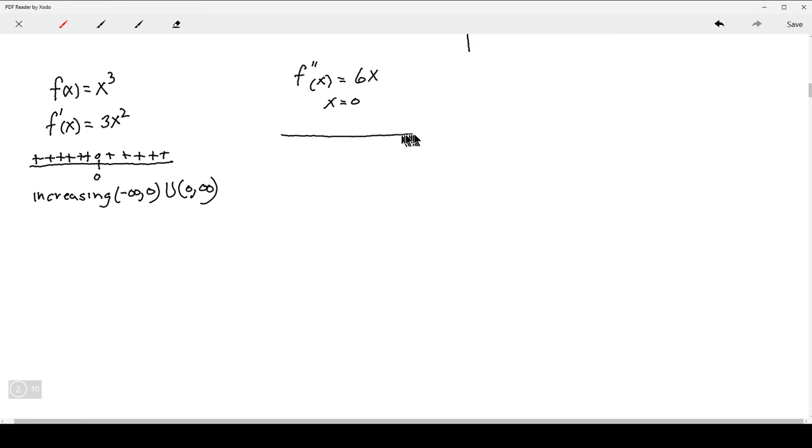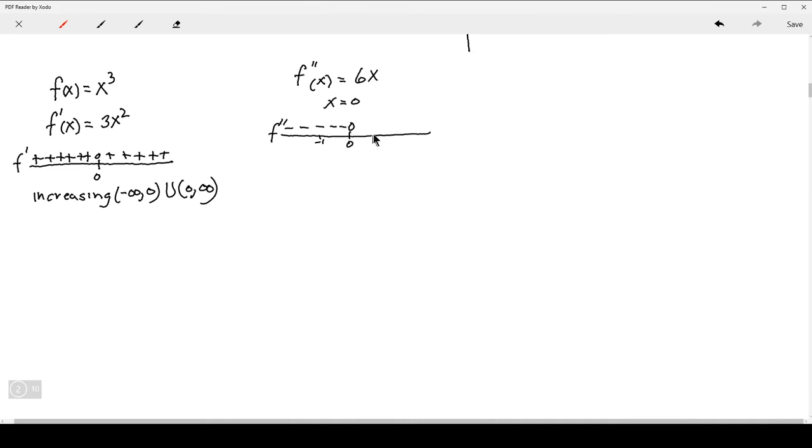Come over here, put 0 on my f double prime line. This was my f prime line. I put this on my f double prime line, and I test some values. If I pick a value on this side, say -1, and I plug it into the second derivative, 6 times -1 is -6, which means on this side my function is negative.